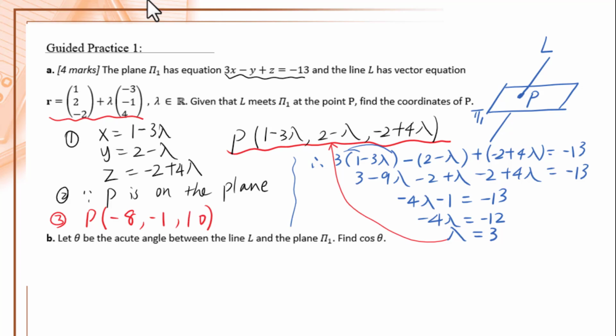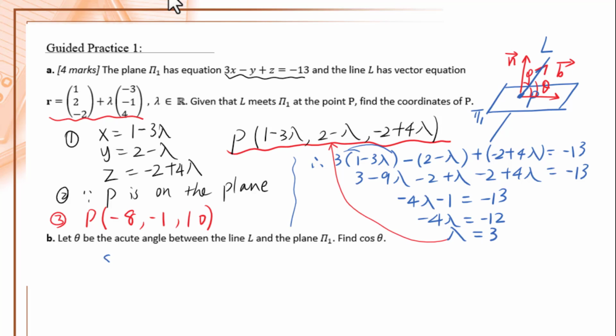Let's go to part B. Let theta be the acute angle between the line and the plane pi1. Find the cosine theta. This is b, the direction vector. This is the normal vector. This is phi. This is theta.